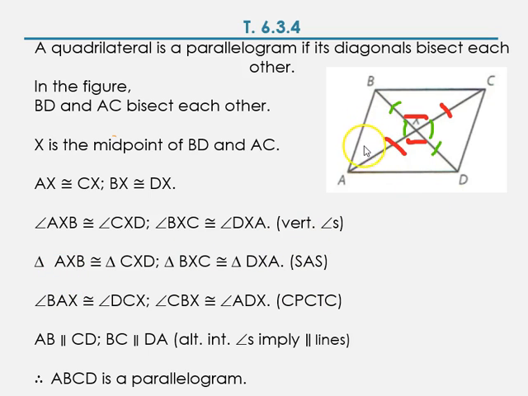Therefore, these two triangles, AXB and CXD, are congruent to each other, and the other two triangles, BXC and DXA, are congruent to each other by side, vertical angle, side, or side, angle, side. Now we can talk about their angles, and we have BAX is congruent to DCX.